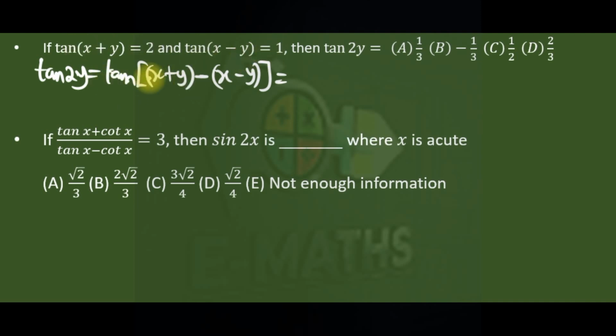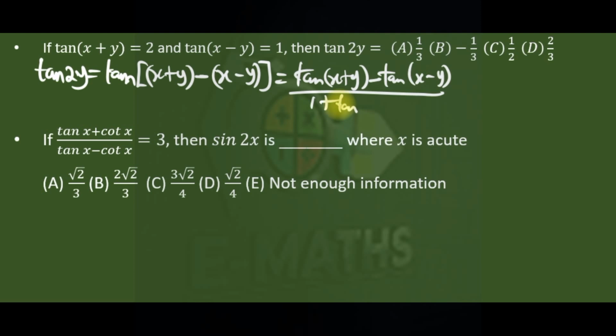And from our addition and subtraction formula, tan of a minus b is tan a, which is x plus y, minus tan b, which is x minus y, over 1 plus tan a, which is x plus y, tan x minus y. So just revise the addition formula I showed you so that you can solve this question.